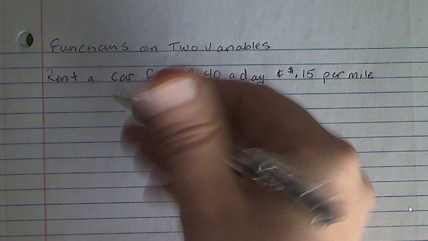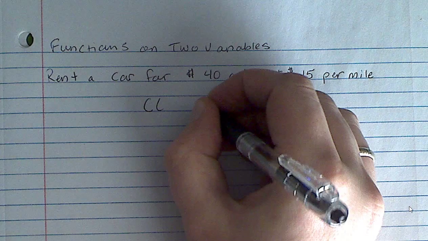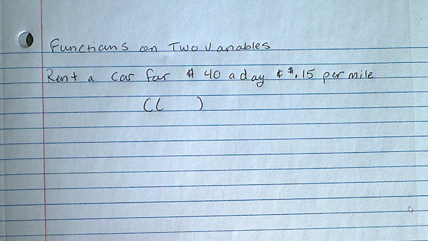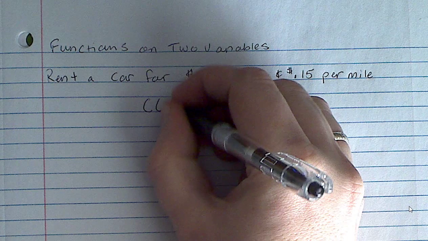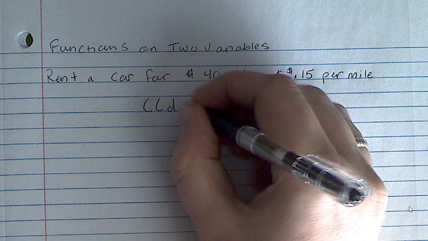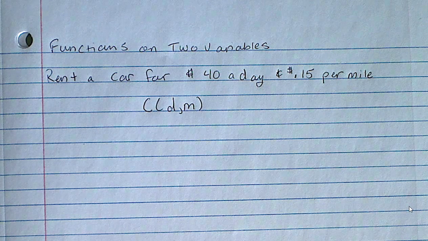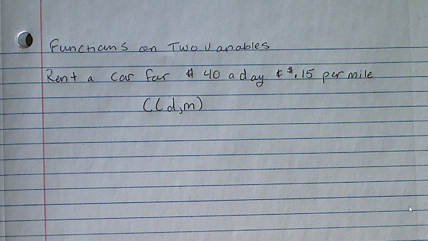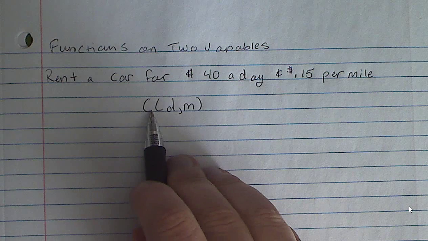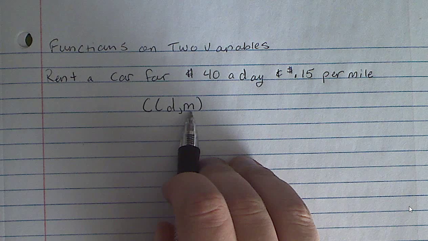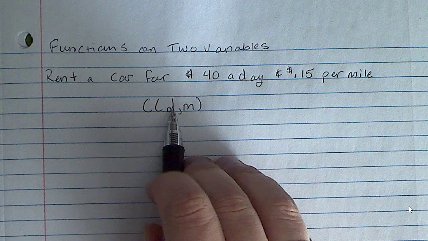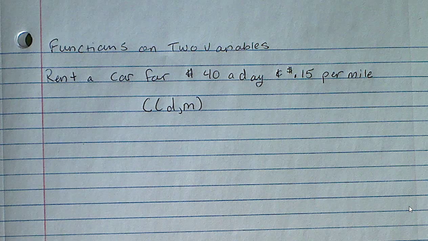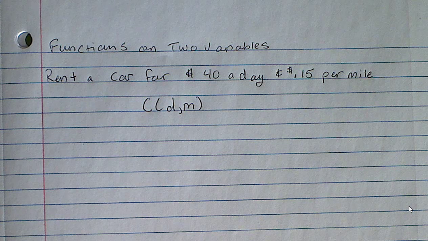So that means the cost of the car is being dictated by how many days you have it out and also how many miles you drive it for. So it's not just like f of x, it's cost based on days and miles. So it's C of D and M. So instead of just doing like C of D or C of M, the cost is based on both.